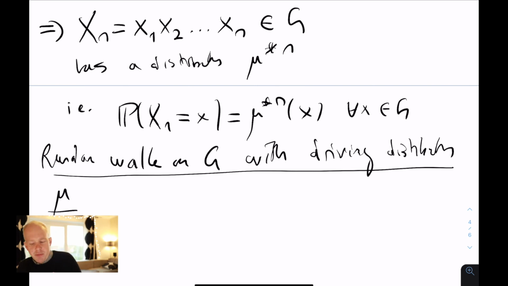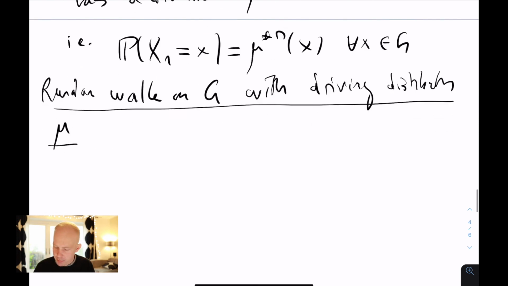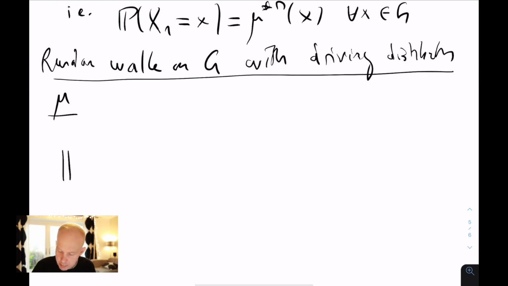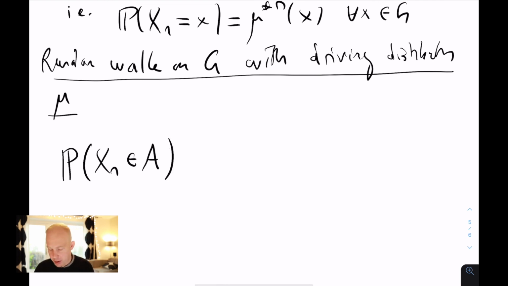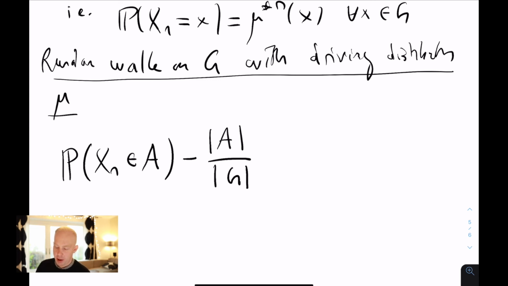If you want to really analyze this random walk, for example to understand the probability of xn being at a point A and subtract, say, whether it's close to the uniform distribution, then in the same way we could study this quantity like what we had in the case of Z_p, where the cardinality of the group G was equal to p. Then we could study this distance.